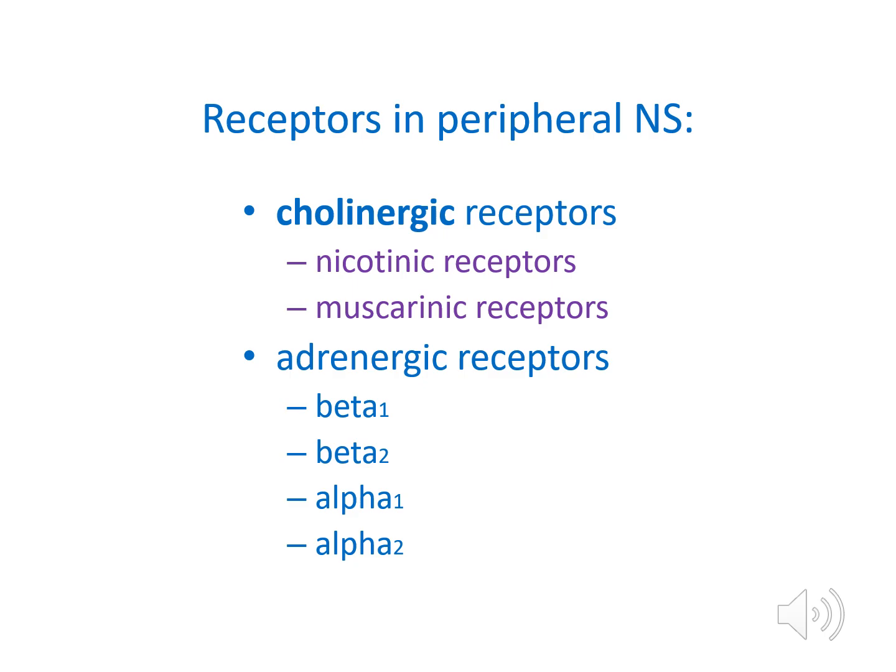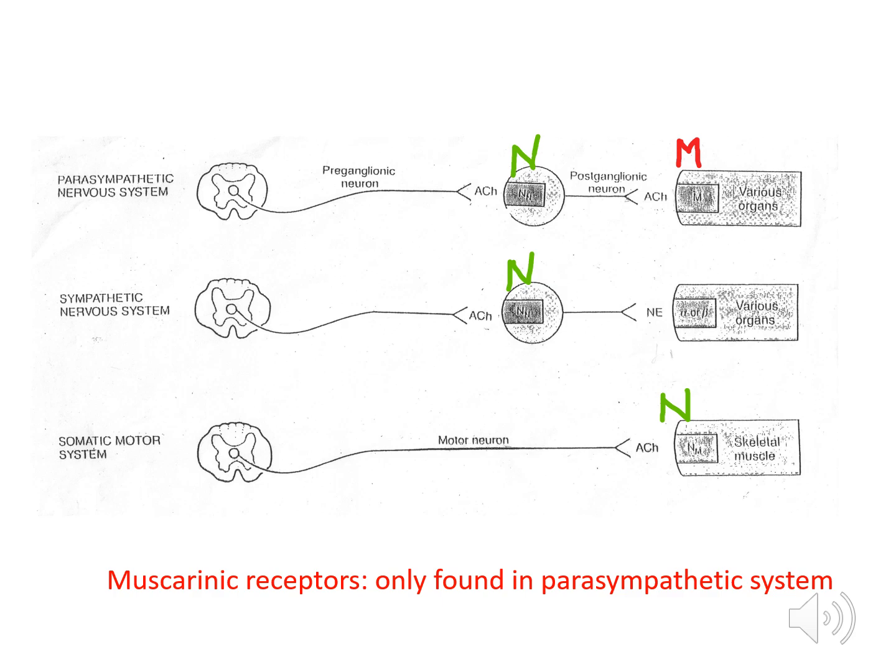Now, if we could just stop there, everything would be so easy. But no, we have to go and subdivide cholinergic and adrenergic receptors. So let's talk about the cholinergic receptors first. We divide the cholinergic receptors into 2 subtypes. We have nicotinic receptors and muscarinic receptors. Now, remember we had 4 of the 5 synapses in the peripheral nervous system that had cholinergic receptors.